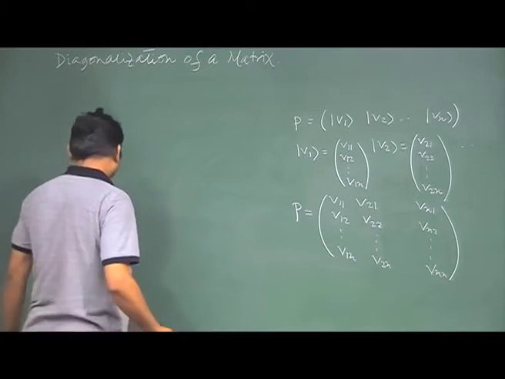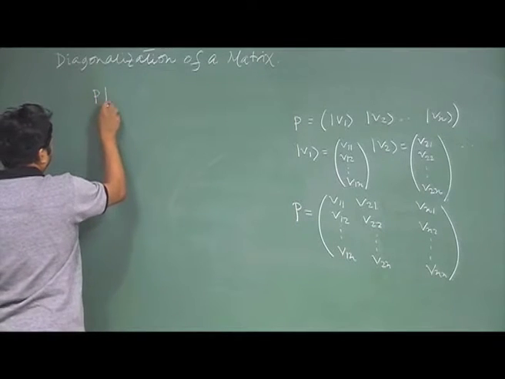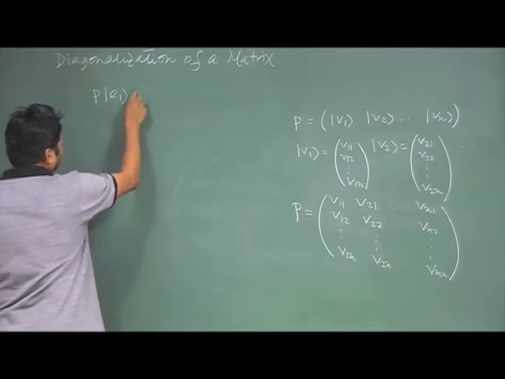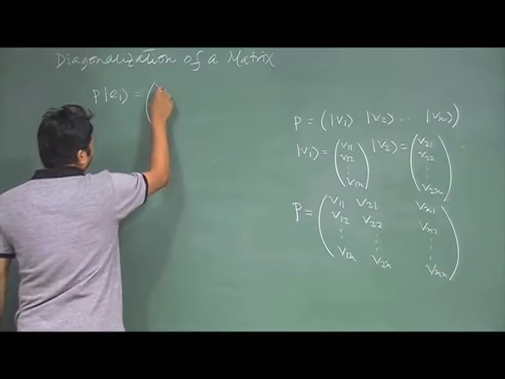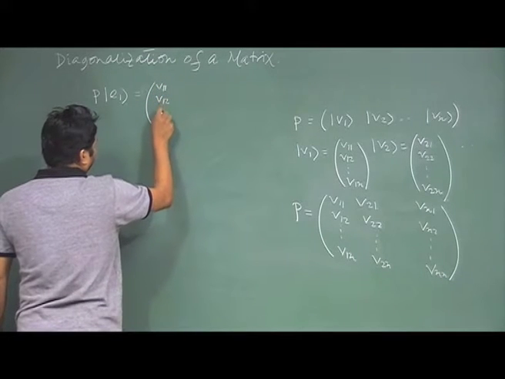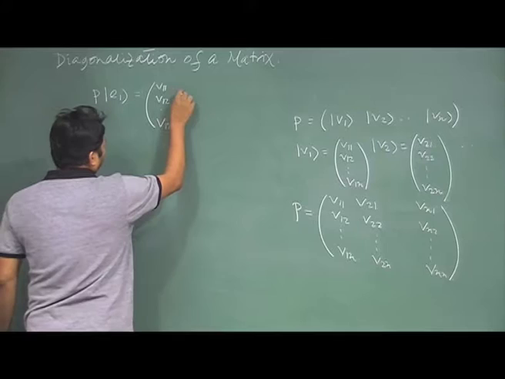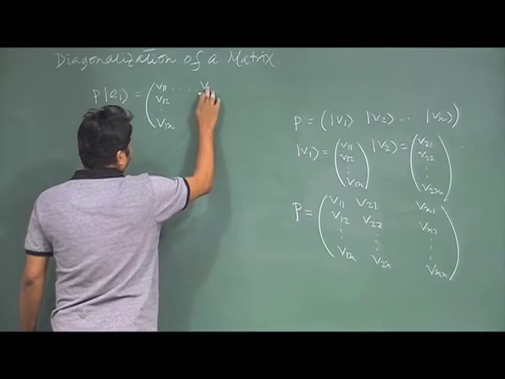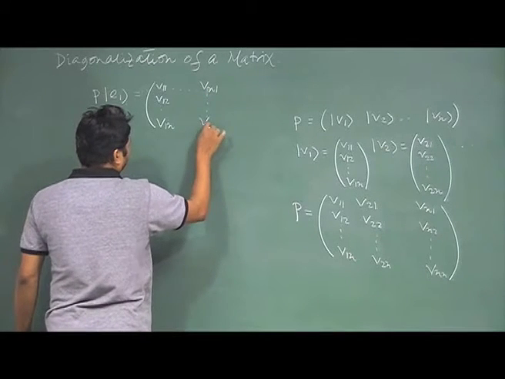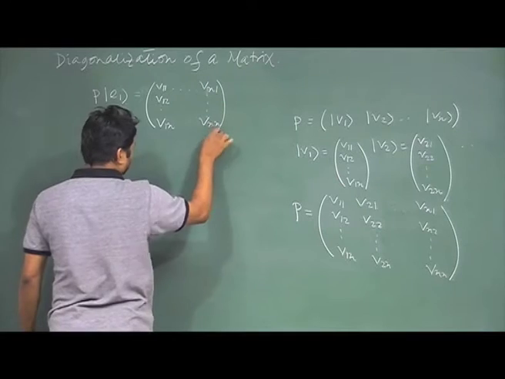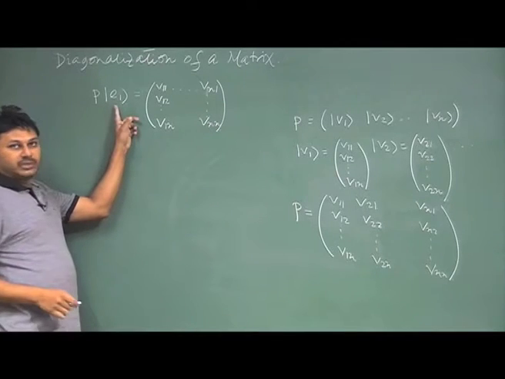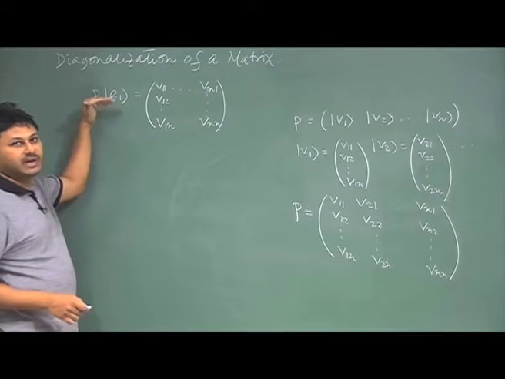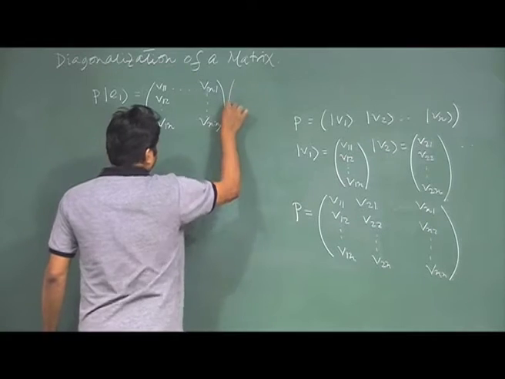Now, a few things. If I operate P over Ei, what am I getting? Let me write it clearly. My P is V11, V12, V1n, down to Vn1, Vnn. I operate it on Ei, where E is the natural basis.